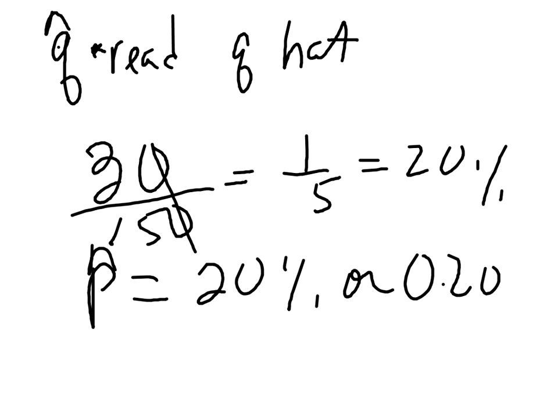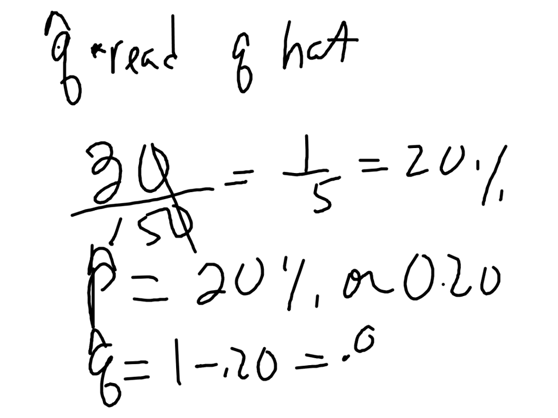Now, the way we would find our q hat would just be 1 minus 0.20, and that would be 0.80. In other words, if we know p hat, we subtract p hat from 1 to get q hat, and vice versa.